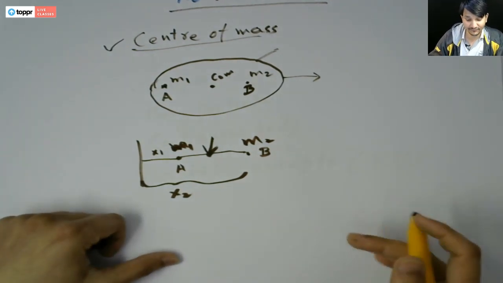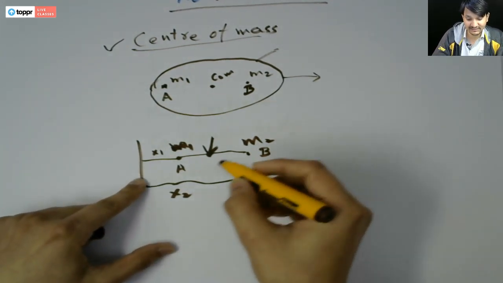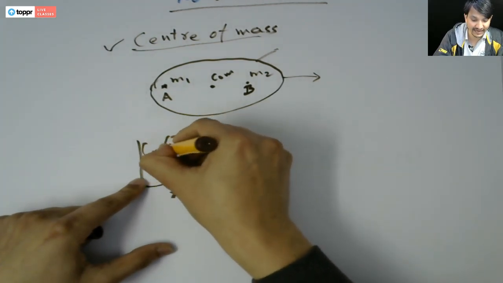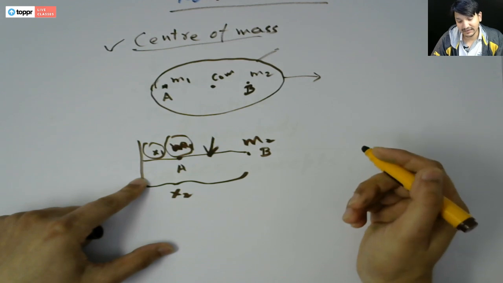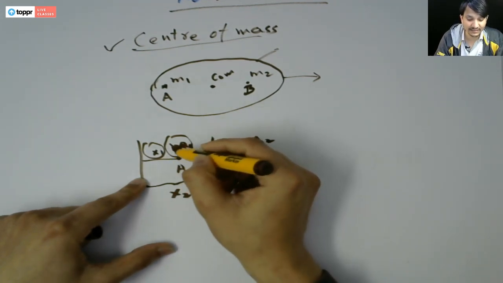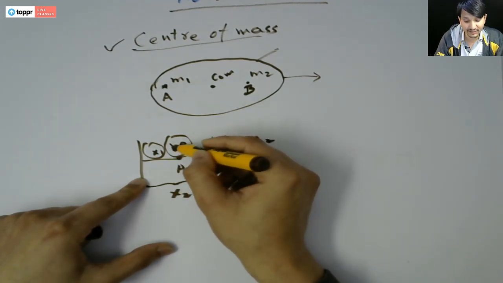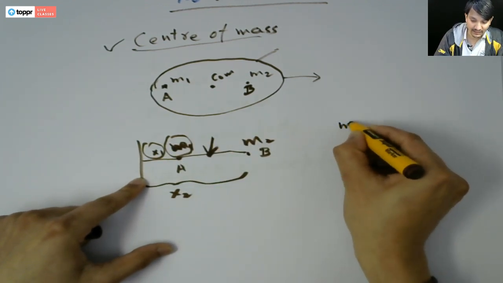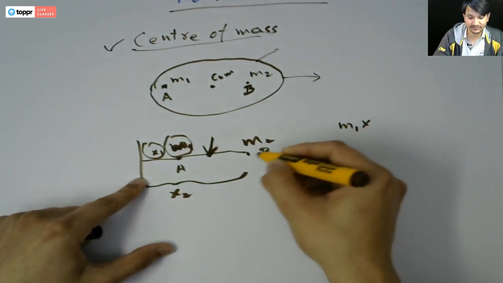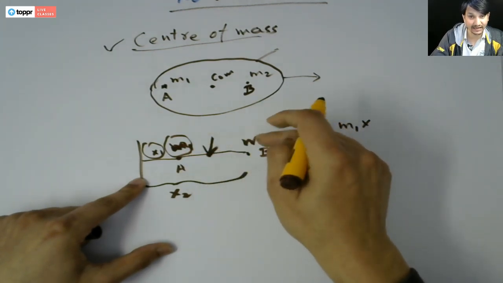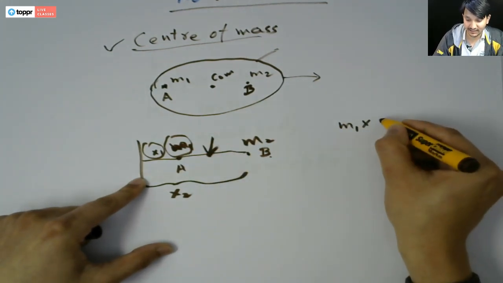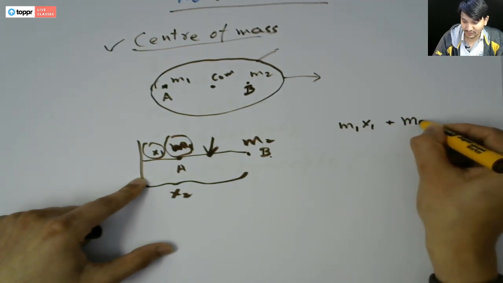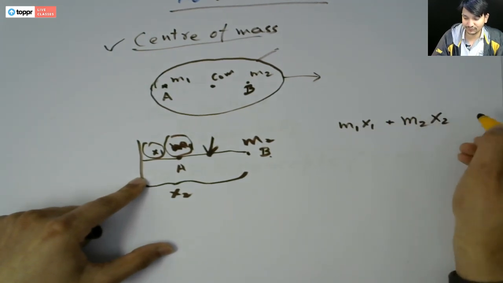And for that we need one thing. First relate this one, m1 with x1. Later you will come to know that this is the moment because of this mass. So m1 x1, and the moment by this mass located at B is m2 x2.